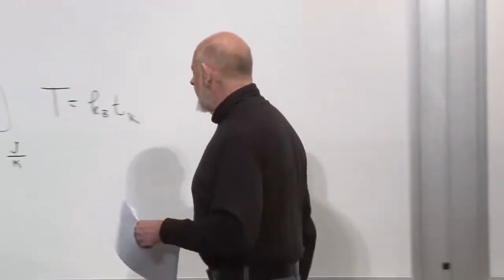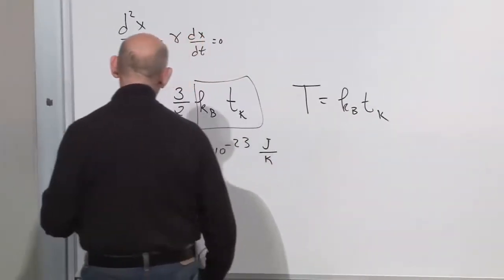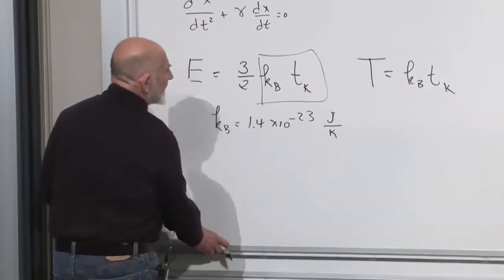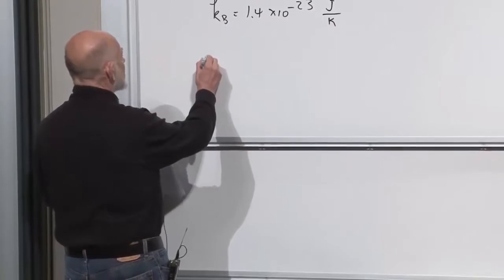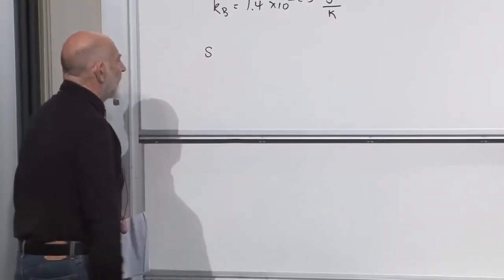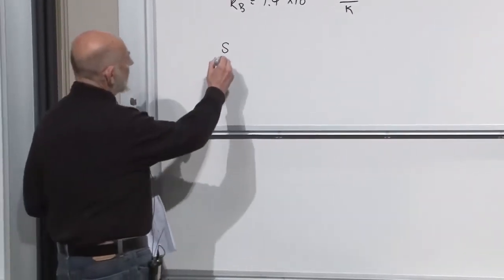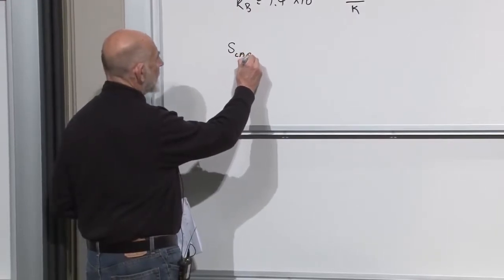He had a quantity. The quantity wasn't so easily measured, but he had a quantity defined in terms of temperatures and energies and so forth. And he called it entropy, or somebody called it entropy. And it got the letter S. I'm going to call it little s for a minute, and I'm going to put a sub-Carnot here.